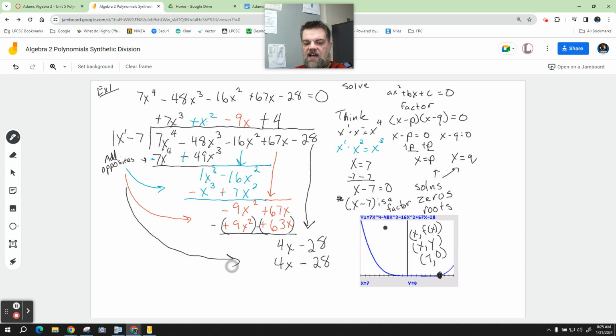Again, we add the opposites. This becomes negative. This becomes positive. We get a remainder of 0. So our answer then is 7x cubed plus x squared minus 9x plus 4.